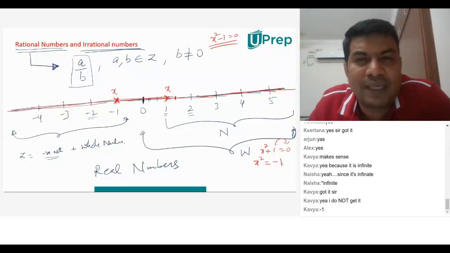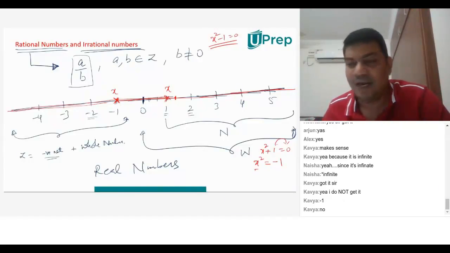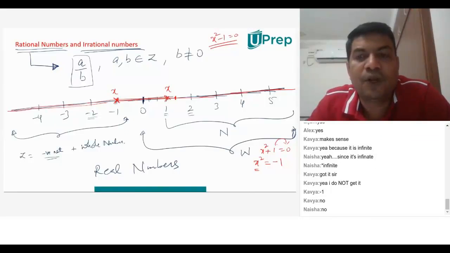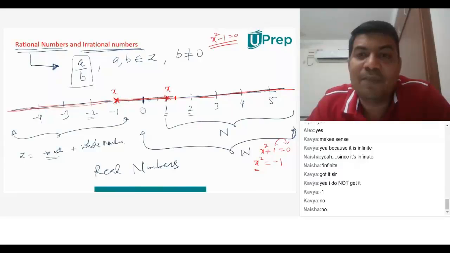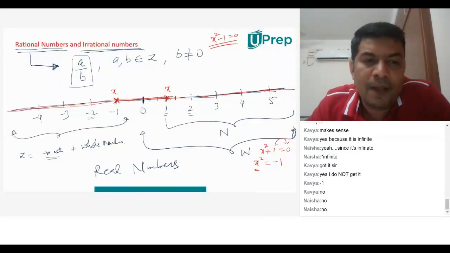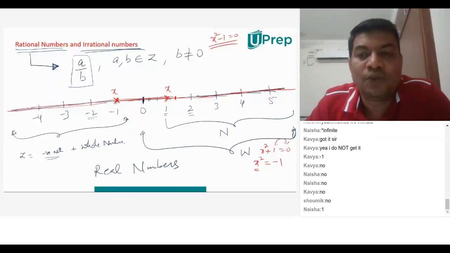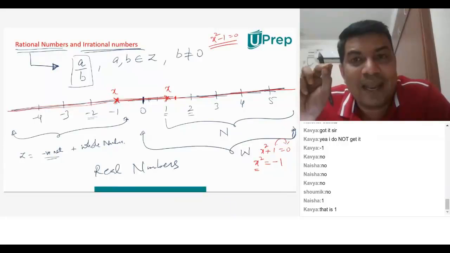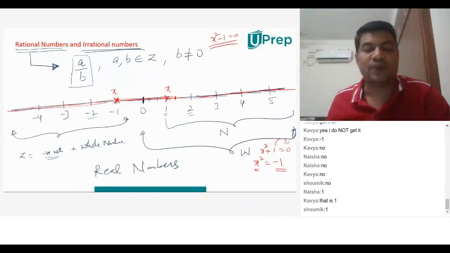Can x take the value of 1? No, because 1 square is 1. Can x take minus 1? No, because minus 1 whole square also will give you 1. So basically, x square cannot be equal to minus 1.